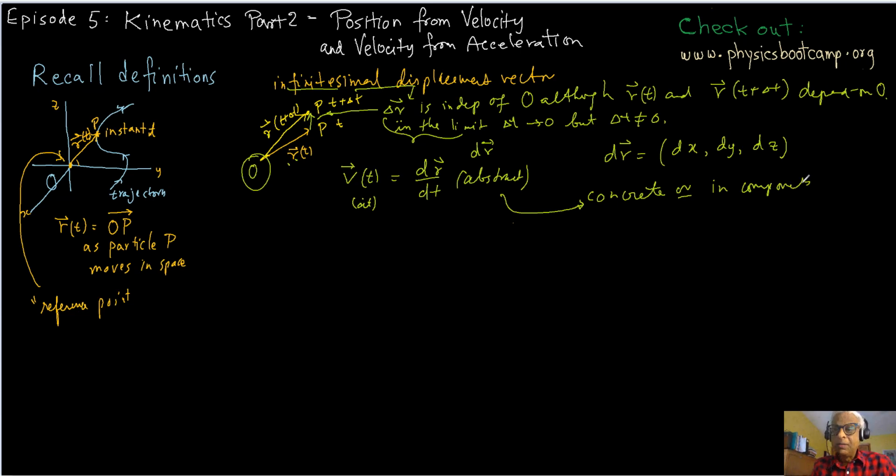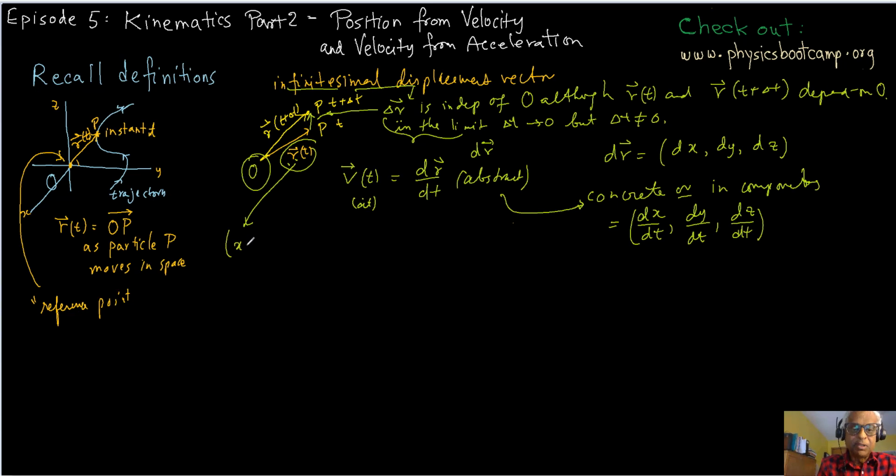the velocity becomes dx over dt, dy over dt, and dz over dt. And the position vector r of t just becomes x, y, z, and each is a function of t.